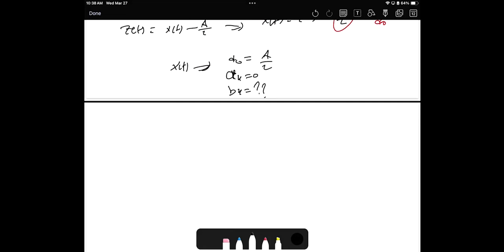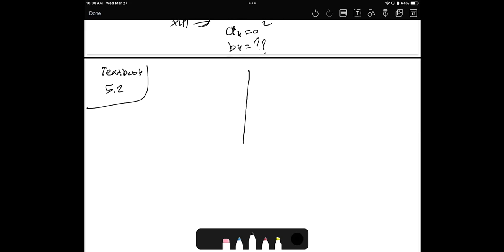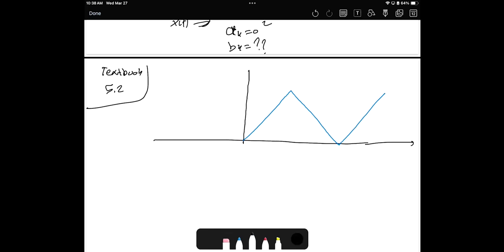Let's go to one of the problems in the textbook, I think problem 5.2. Let me plot the waveform. Here, let's continue further.